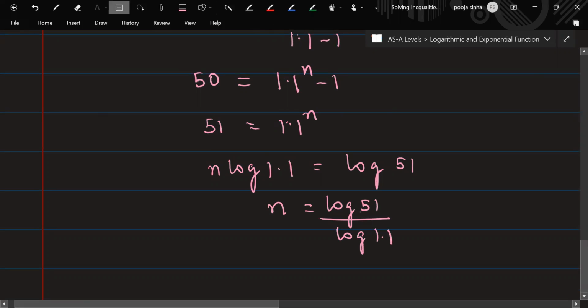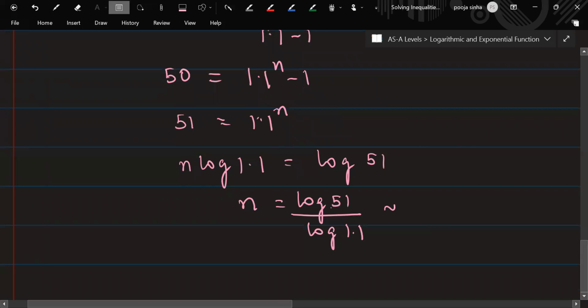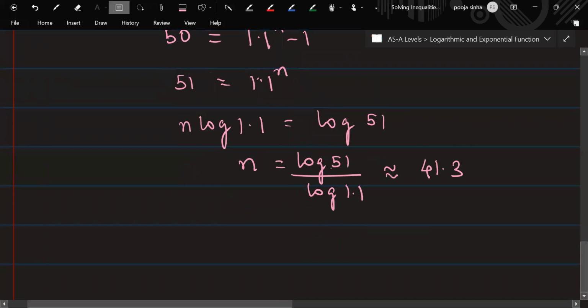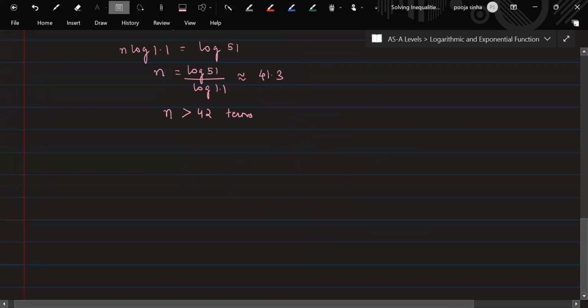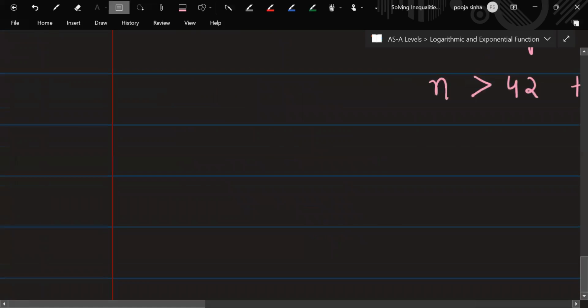Calculate and tell me the value of this. 41.3. So 42, I think. We can't have a fractional number, so n has to be greater than 42 terms. Clear? Understood? Very nice. Next question.